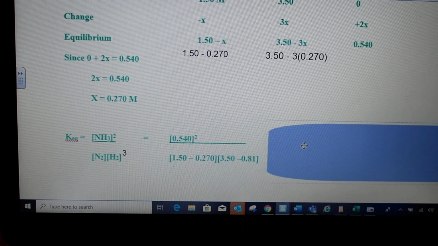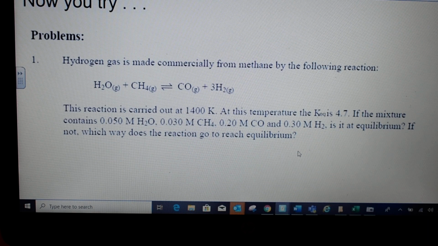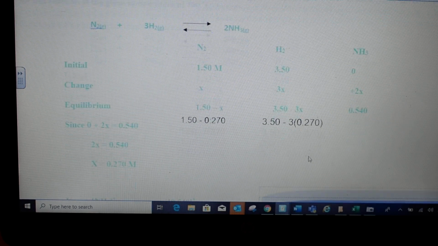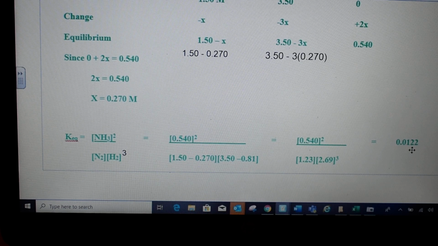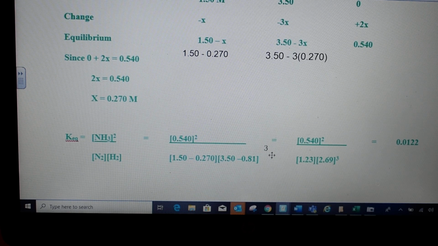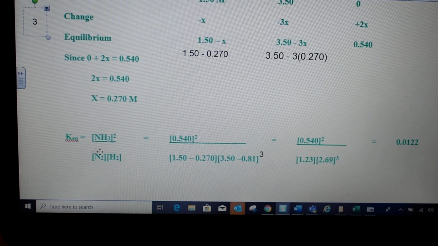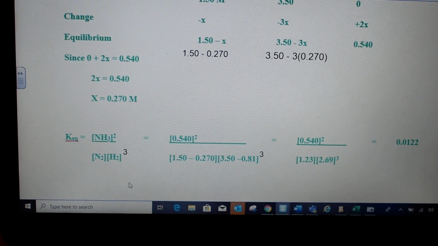Okay, so then we plug that in, and we end up with our final value of KEQ of 0.0122. It's amazing how that 3 magically appeared in the last step. There we go. And again, I will make that nice and pretty before I post it to your notes.